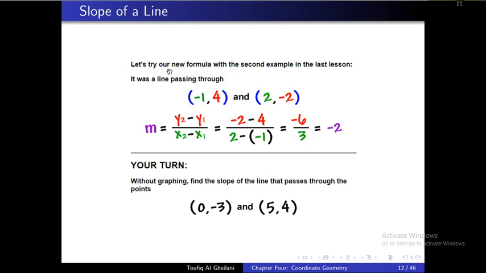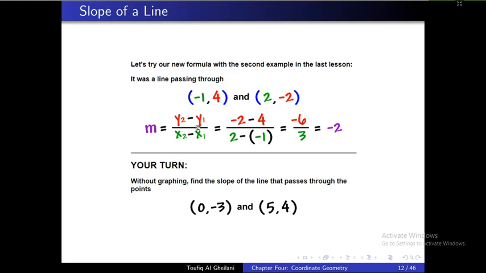Let's try our new formula with the second example in the latest lesson. It was a line passing through (-1, 4) and (2, -2). So the slope will be y2 minus y1 over x2 minus x1.